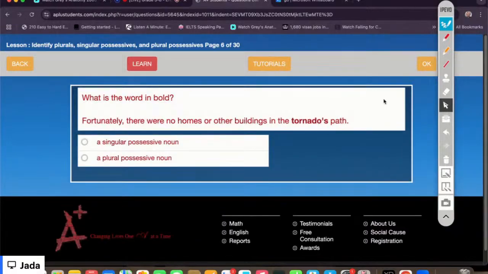So fortunately, there was no homes or other buildings in the tornado's spot. Singular possessive or plural possessive?